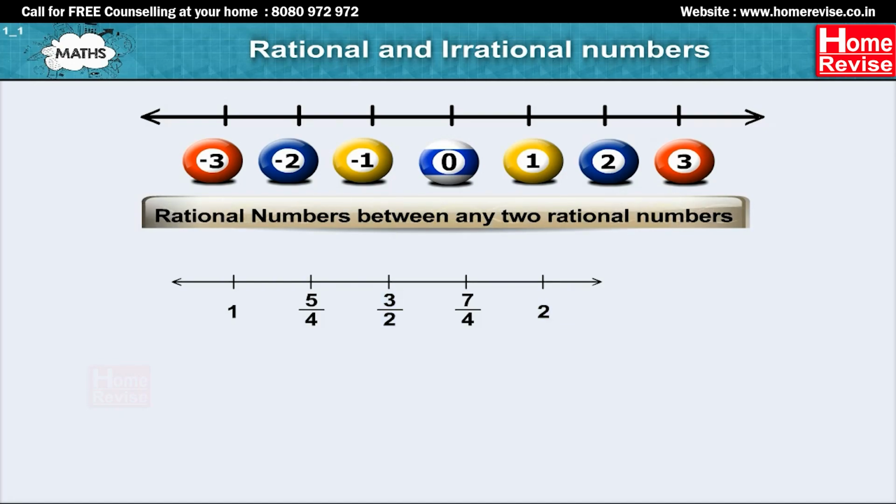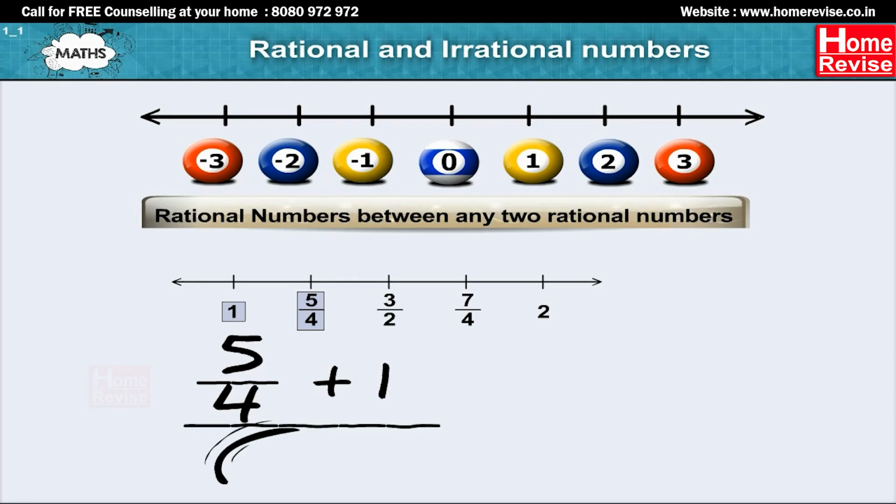It is quite interesting. Let's do it again. Now we will find a rational number between 1 and 5 upon 4. So again, we will add 1 to 5 upon 4 and divide by 2. And we get 9 upon 8.